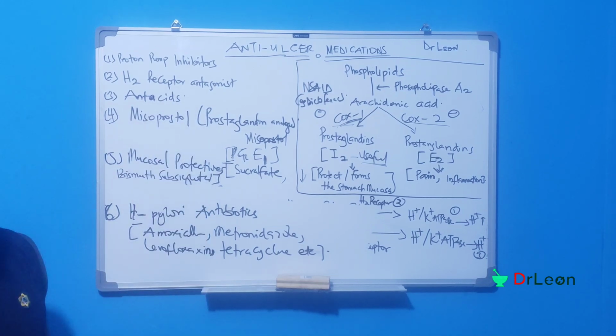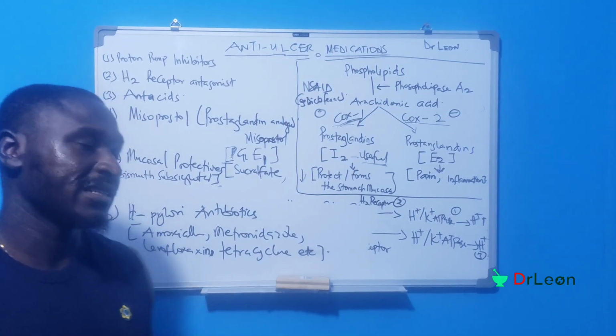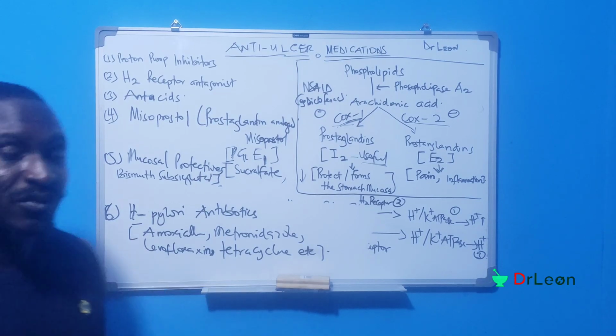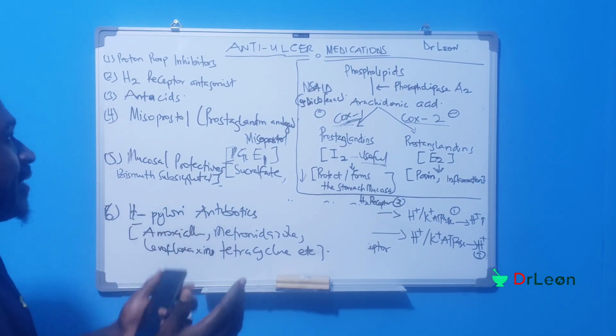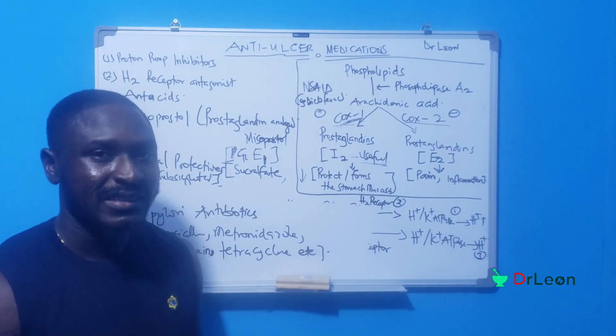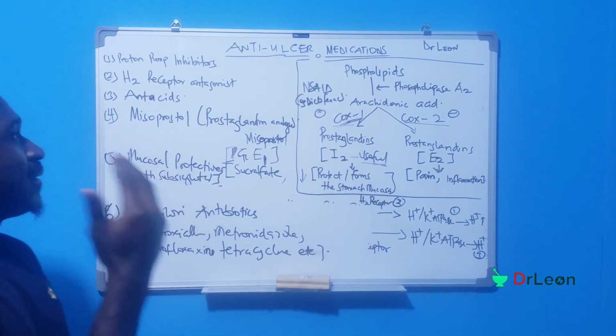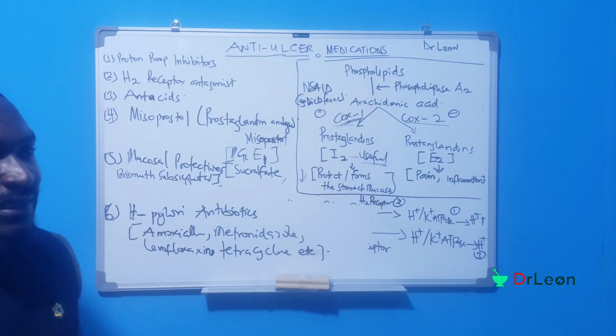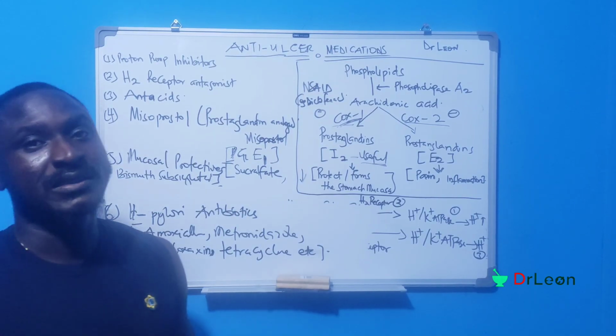Antacid, they basically neutralize the acid to form water. Misoprostol is a prostaglandin analog, helps to protect the mucosa, and then the mucosal protectives as well as the antibiotics. So this video, we will just end on the class. Our next session, we will consider each of the drugs. We'll take them one by one, and then we talk more about the drugs.